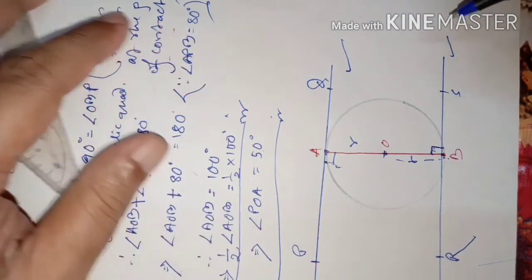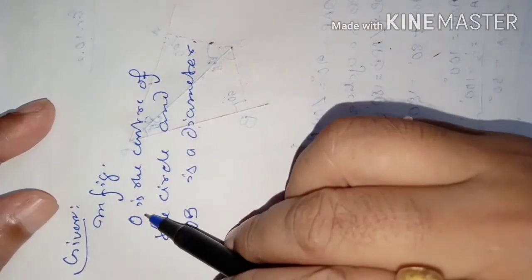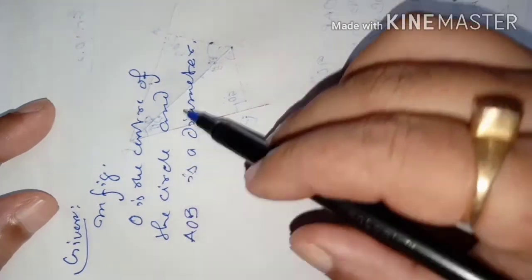How to write the answer? Let us see the answer now. Given: O is the center of the circle and AOB is a diameter.